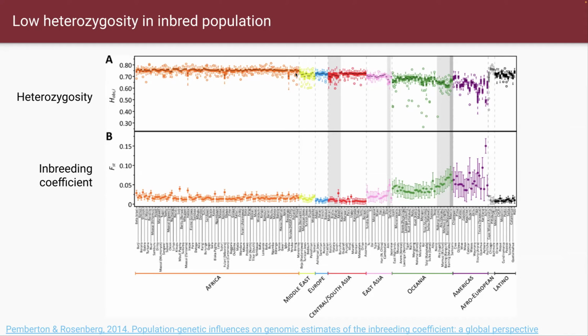Compared to Africans, non-African populations have lower heterozygosity, especially some people from Oceania and some Native Americans, because of consanguineous marriage. They're geographically isolated and organized by tribes. So that's why it's reflected there.